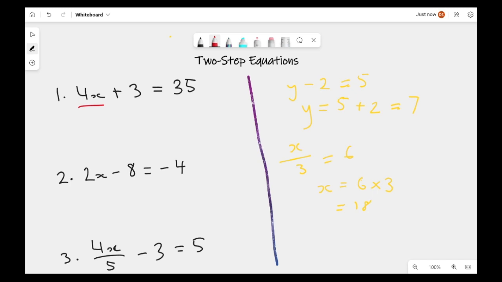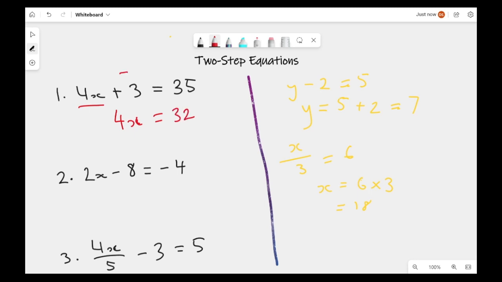Could we then, with the same logic, say that if 4 lots of x plus 3 equals 35, then 35 is 3 more than 4x? So 4x then should be equal to 32.